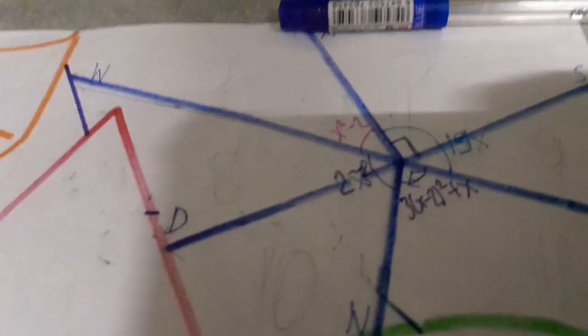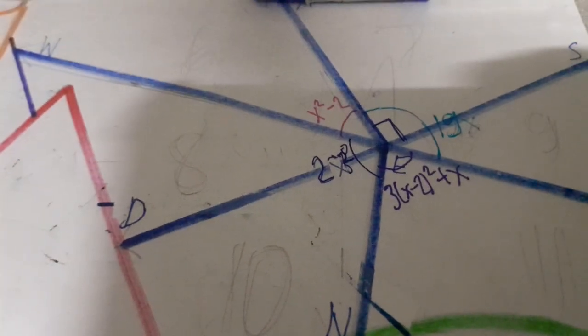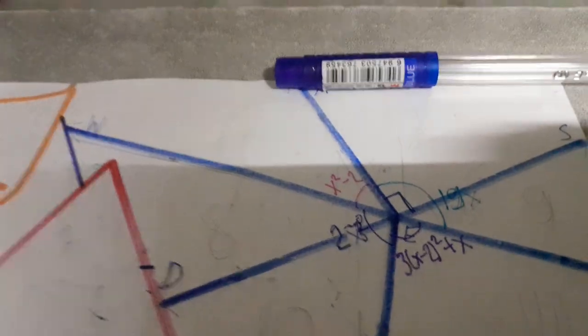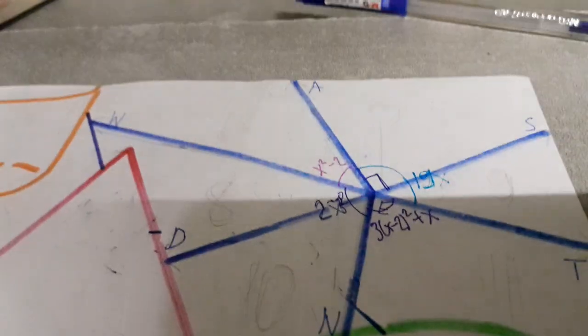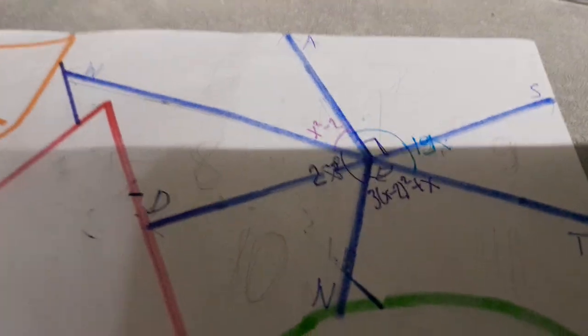Alright? So WEA, diba ito yun? Angle WEA is equivalent to x squared minus 2.